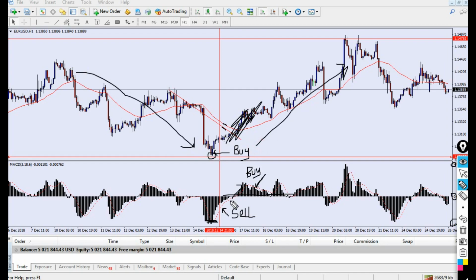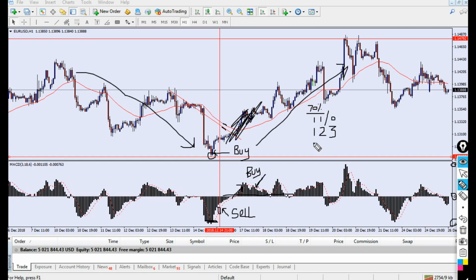So that's why I'm just ignoring this signal, but the conclusion is that your trend line is your number one signal, then your moving average is your number two confirmation, and then your MACD is your third confirmation. Taking two of them and one is on zero, so the conclusion will be that the trade will be 70%, we can say it.